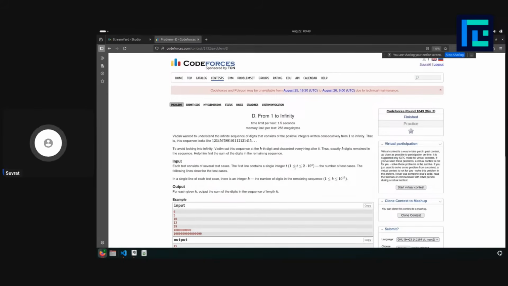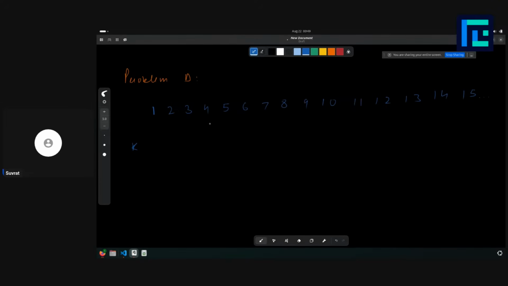So the expected time complexity would be, I think, log k or something like that, not more than that. So we are given k and we need to find the sum till k digits.